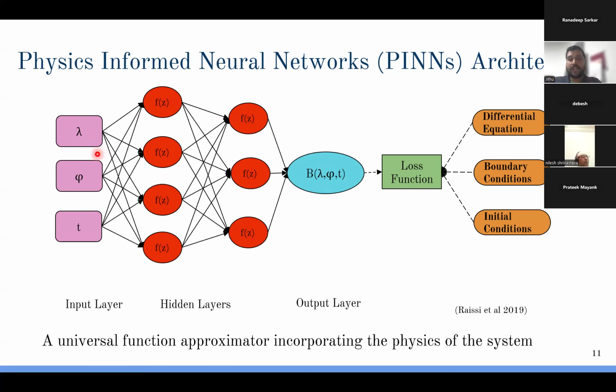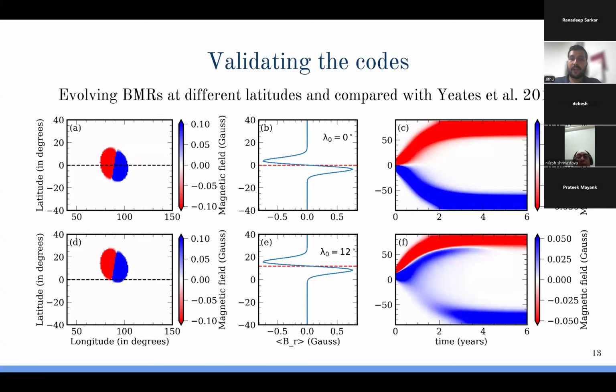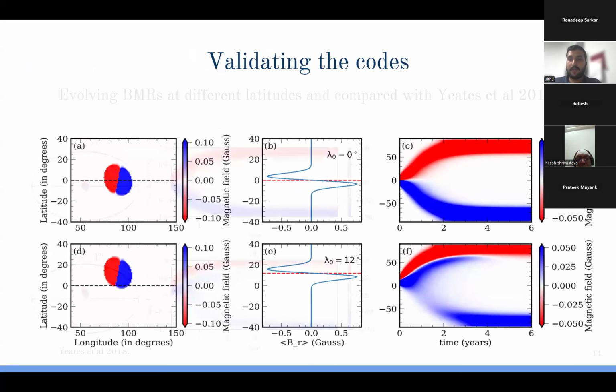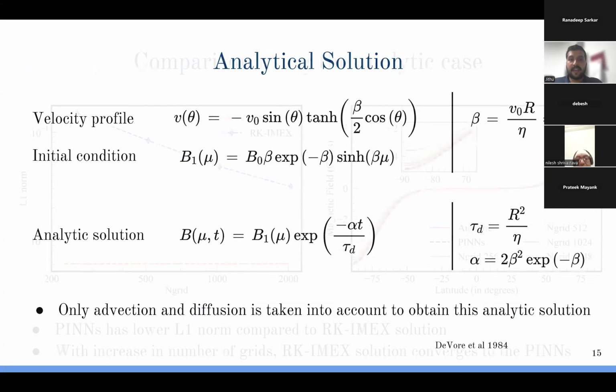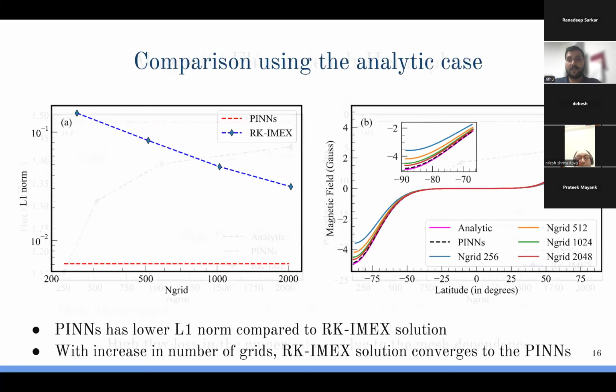And since we are using all functions here, there is no loss because it's an analytical function. You know the correct derivative. So you know the correct differentiation of B with respect to lambda, or of B with respect to phi, or of B with respect to time. We exactly know the values. So there are no numerical diffusions involved in this process, and that's why we are having a very small flux error in this specific case.